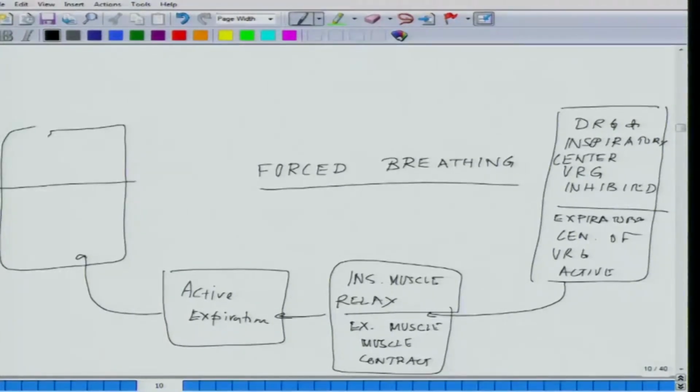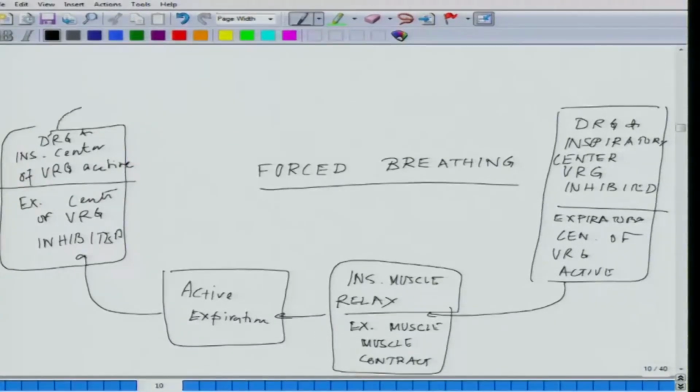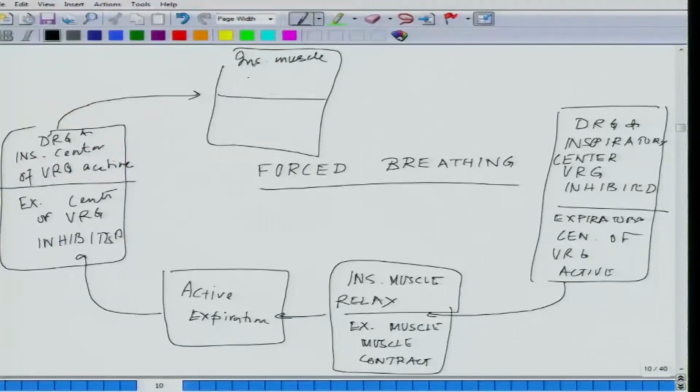There is an active expiration, followed by the reverse events, as I was drawing on the other side. So, DRG and inspiratory centers of VRG are active, whereas expiratory centers of VRG are inhibited, followed by the inspiratory muscles contracting and the expiratory muscles relaxing.